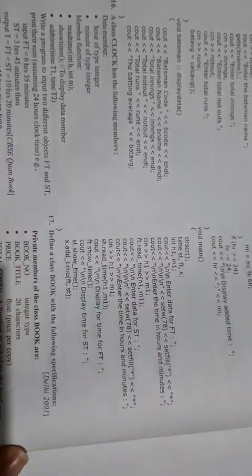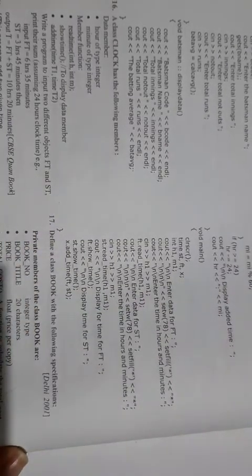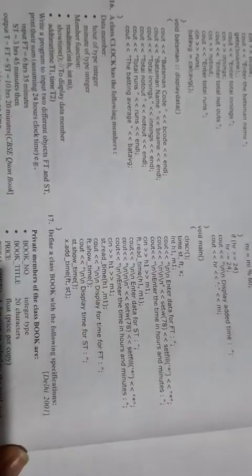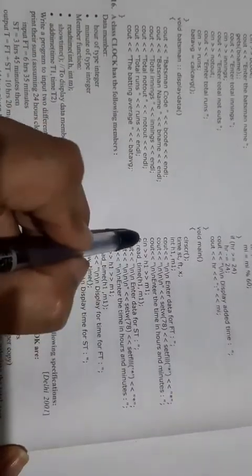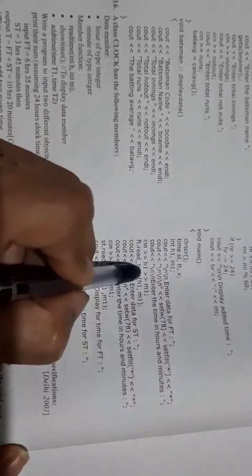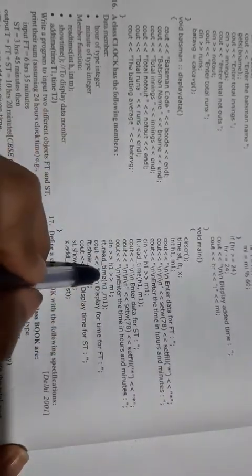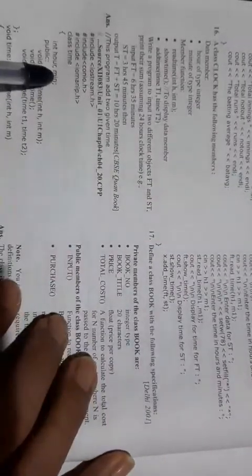Since the data members are public, the object can directly access and assign the value to hour and minute, the first ft.hr and then st.hr. But since this is a private data member, we follow this format.